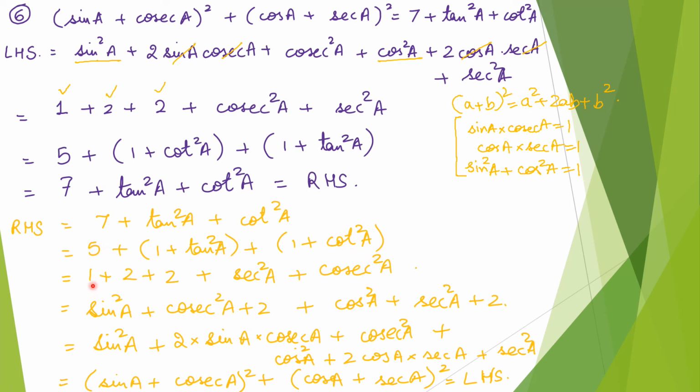And this 5 I am splitting as 1 plus 2 plus 2. This 1 plus tan square becomes secant square, 1 plus cot square will become cosec square. This 1 can be written as sin square A plus cos square A. And I am now putting them together, and this 2 will become sine into cosec and this 2 will become sec into cos, and therefore I am getting this is equal to LHS.